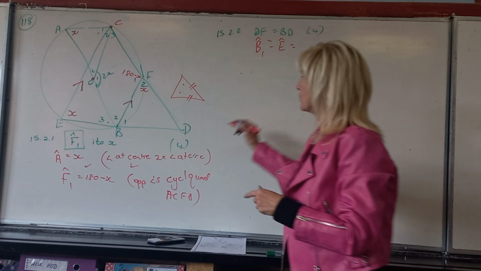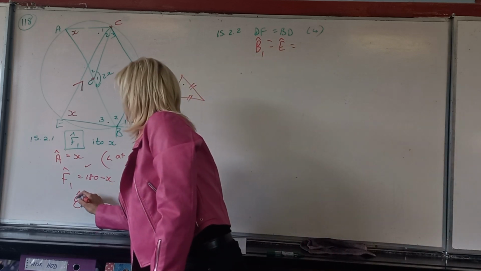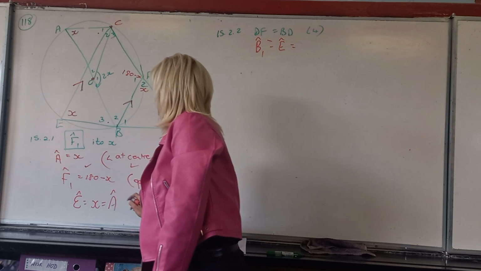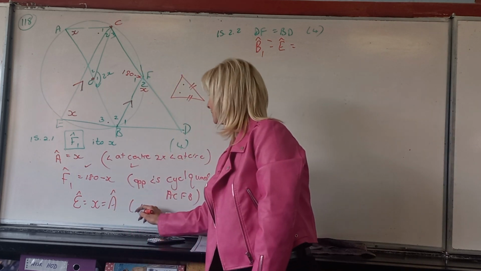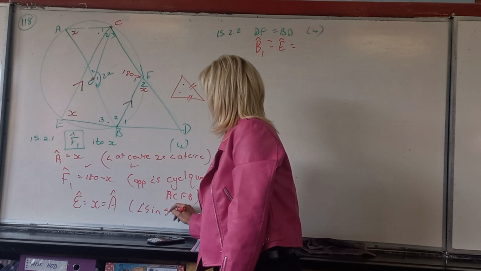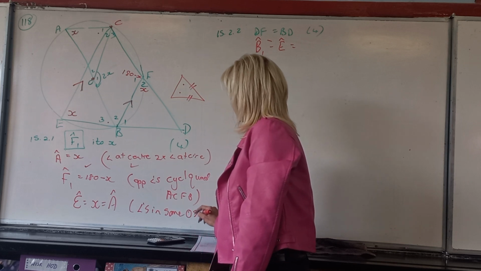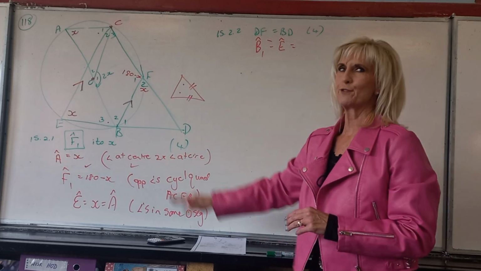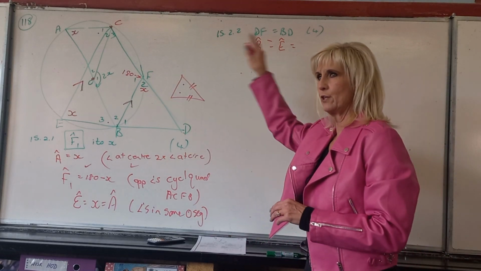So then I'll have to first say E was equal to X, because of same circle segment. Please don't write bow tie. Careful, you might have said it there, but you haven't written it yet. So you need it before you can use it.